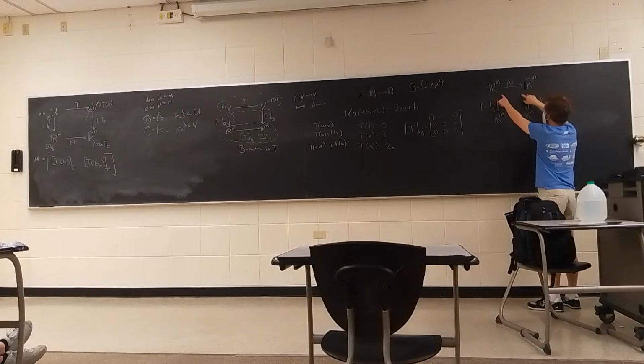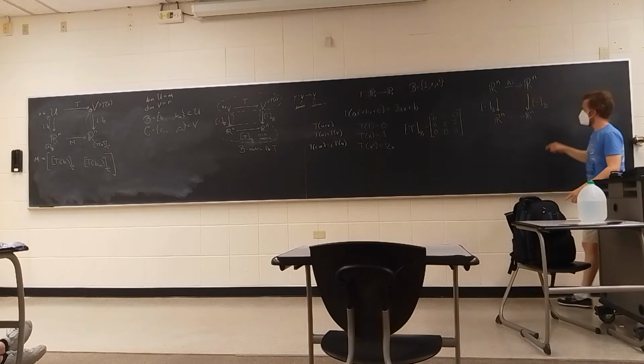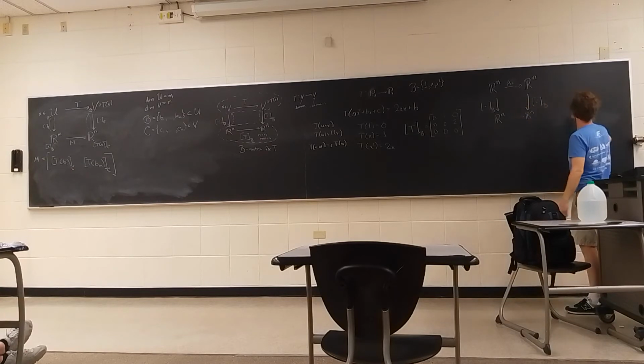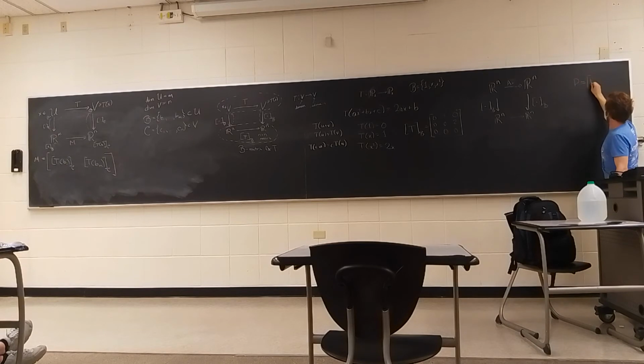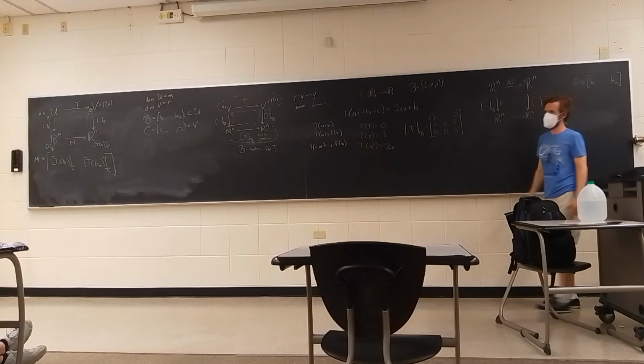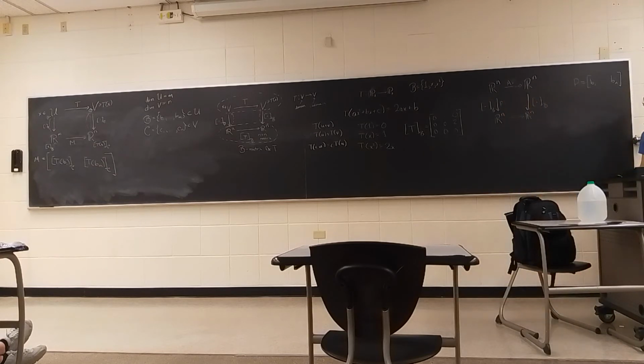If we go in this direction, we can take P to be this V1 up to Vn, right? And going in this direction was multiplying by P inverse, right?